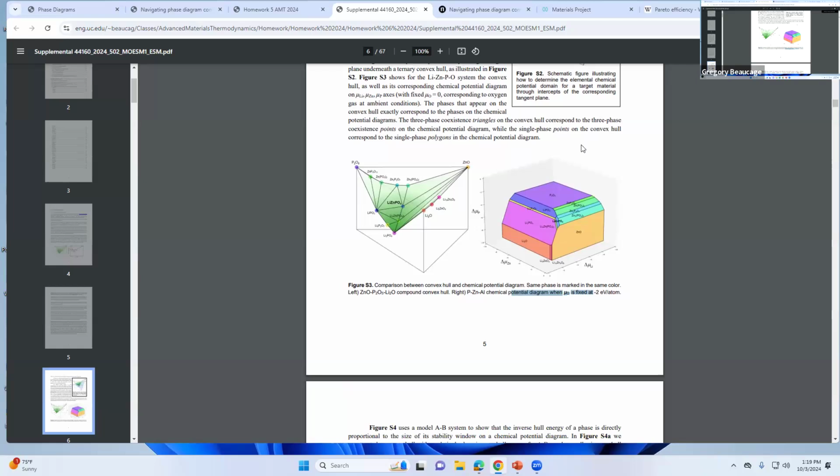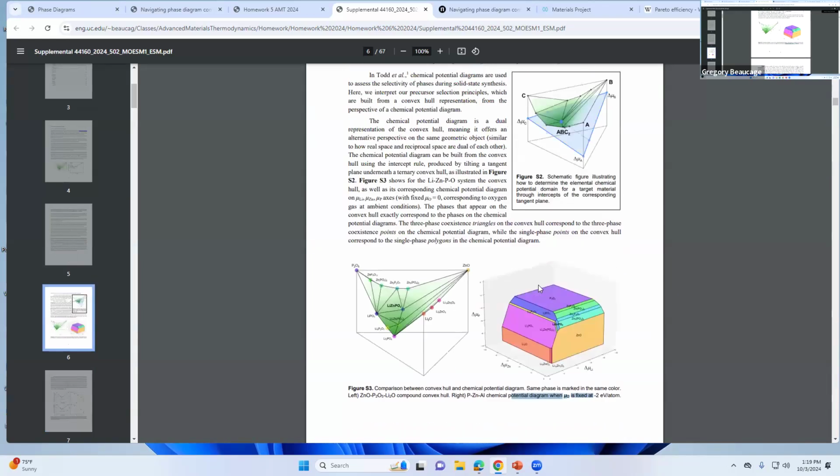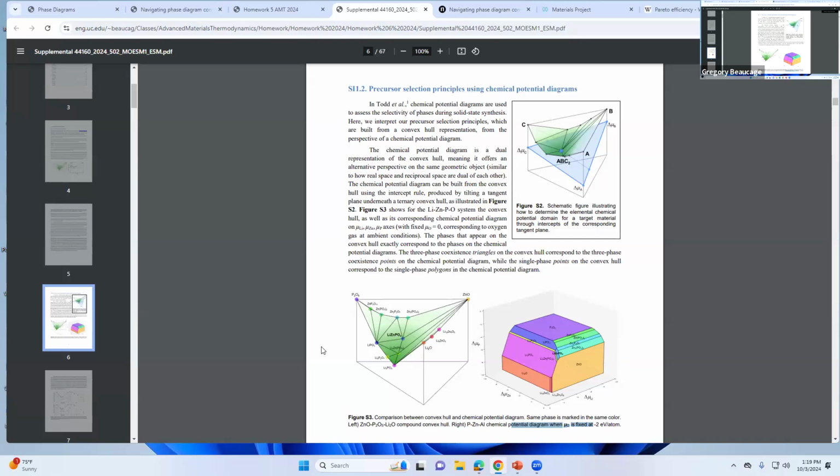So this is not a ternary diagram. I don't exactly know how to read this thing. He's got the three chemical potentials, the three phases, three oxides he puts in. I didn't really read how he would work with that diagram. That seems to be kind of confusing. I don't know why you can't put the chemical potential diagram in a ternary phase space, but this is how he does it anyway.